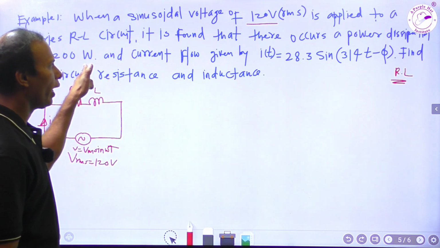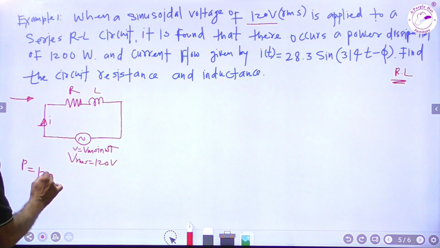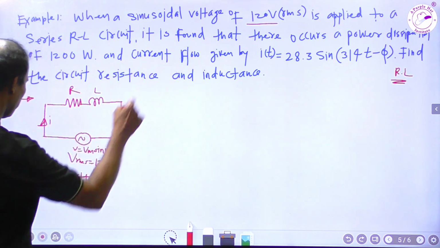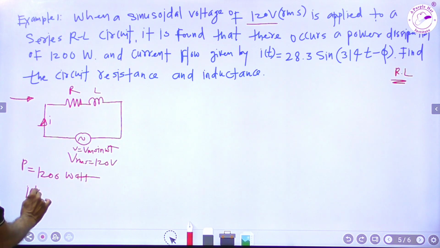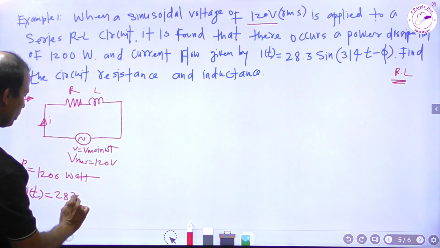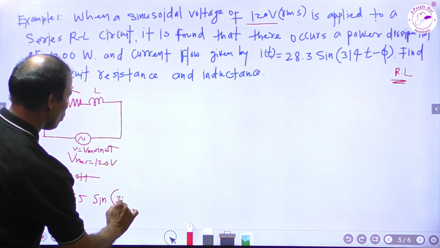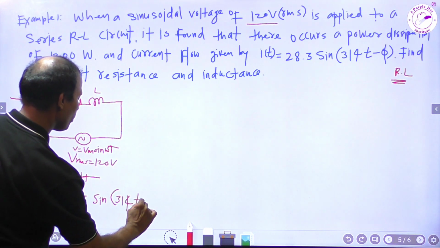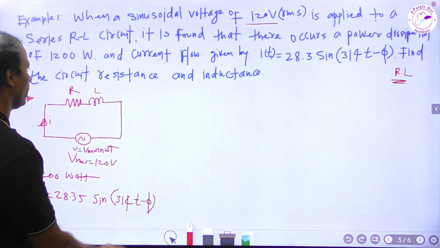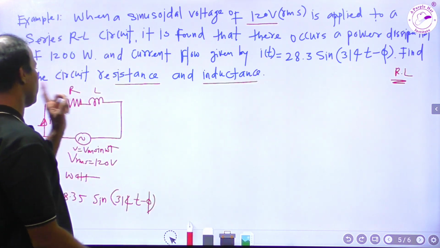Power dissipation, active power P, is 1200 watt. Current is also given: i(t) = 28.3 sin(314t - φ). We have to find the resistance and inductance values.